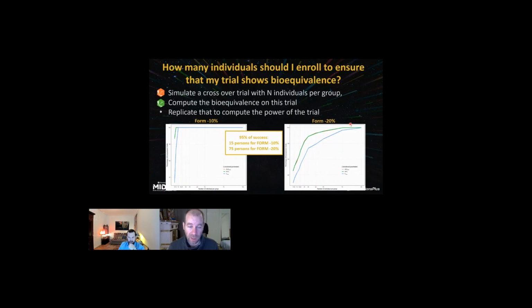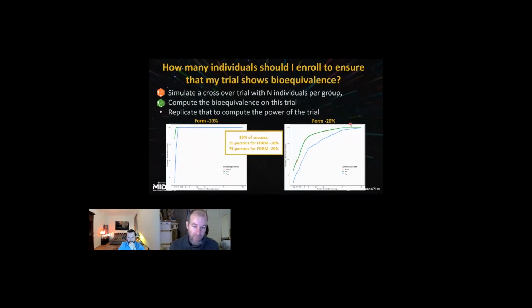What we see is that with the 10% variation in the formulation, we only need 15 persons to ensure bioequivalence. That's exactly what Maxime showed, that it was very close to the reference formulation. As we were quite far from the boundary, we do not need a lot of individuals to make sure that it's going to be fine.